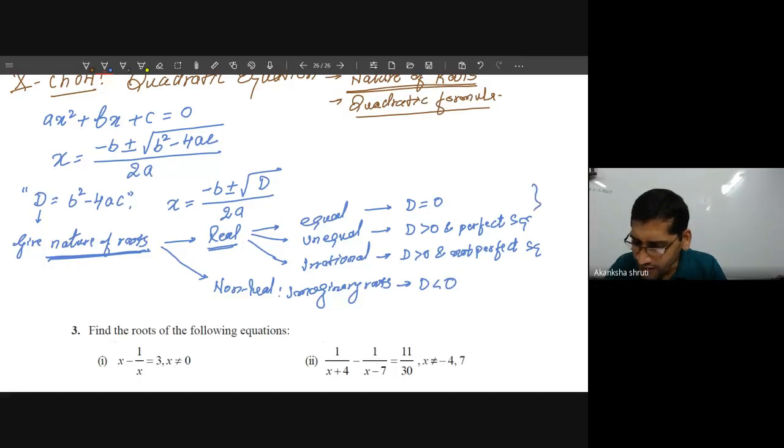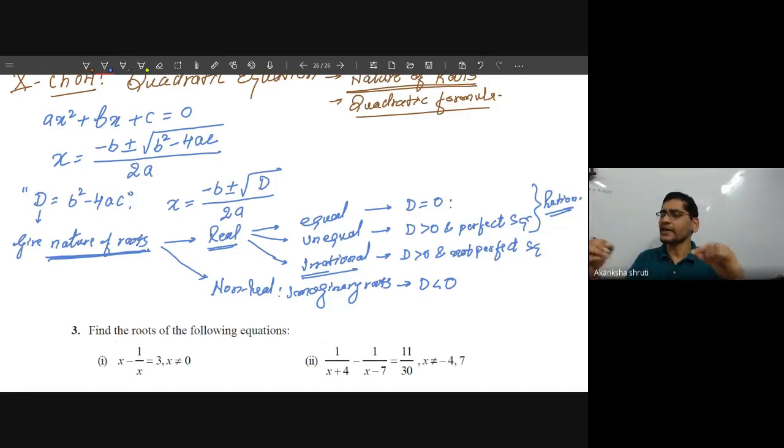So these two are real, because both rational and irrational are included in real, but imaginary or non-real is an entirely different category. Students, if the roots are equal, at this time we can convert the given quadratic equation into a perfect square also.